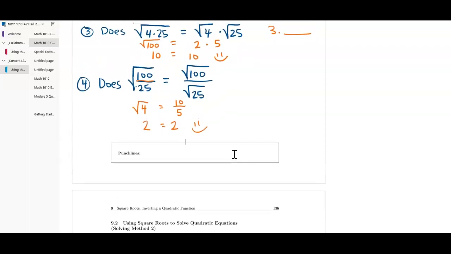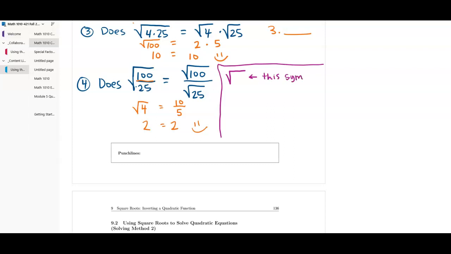All right, I want to put a few things in the punchline. My punchline box is a small box, going to be over here. So remember that this symbol right here is the square root symbol.